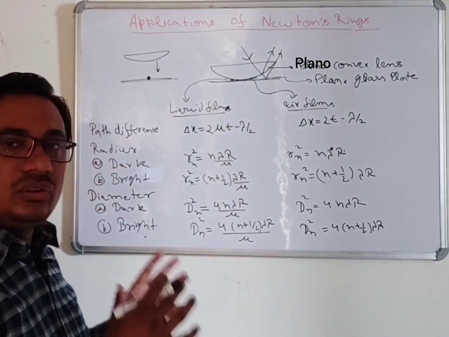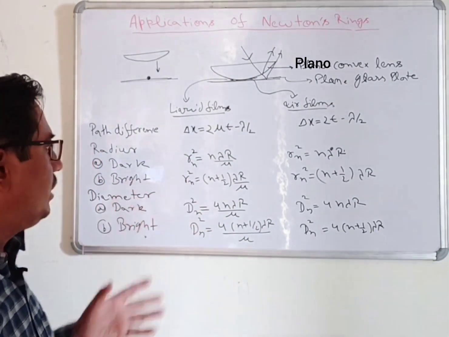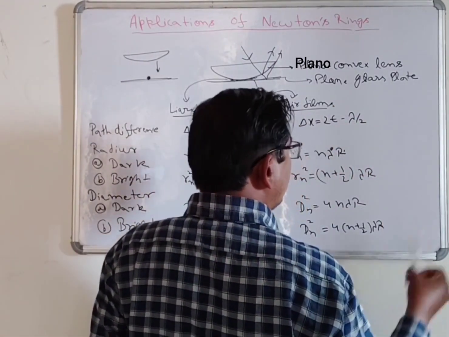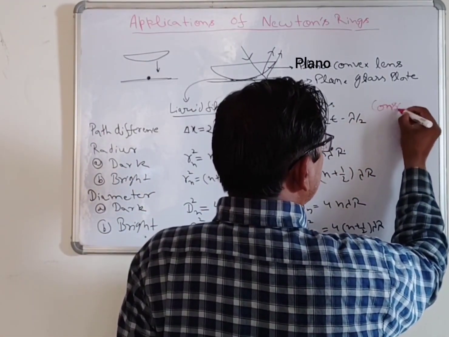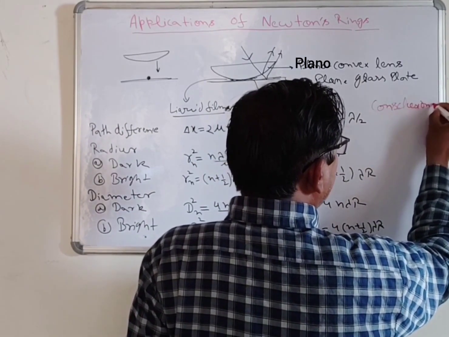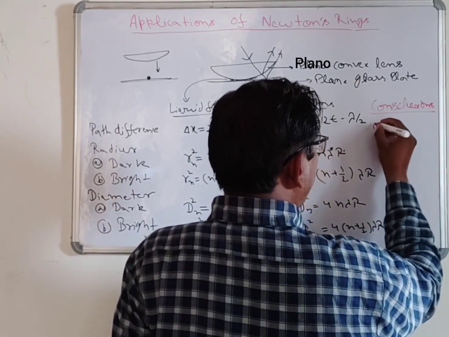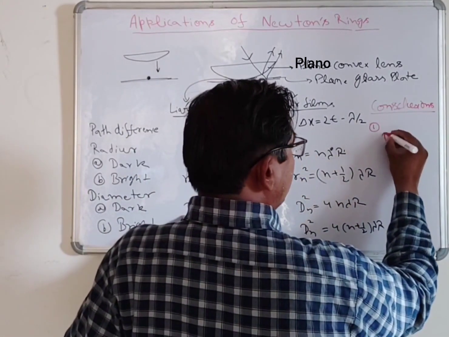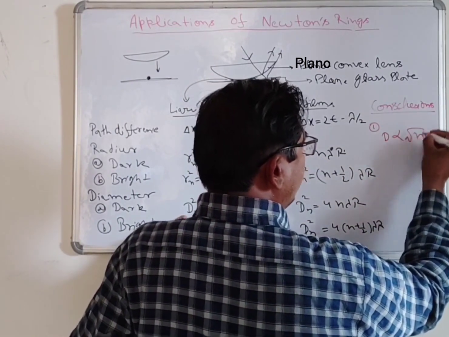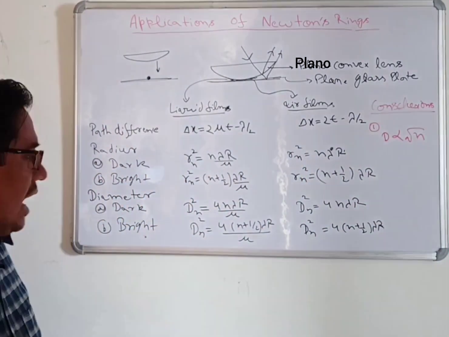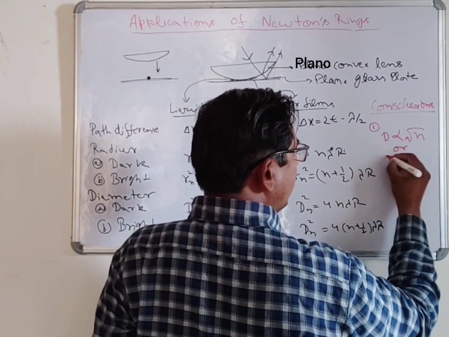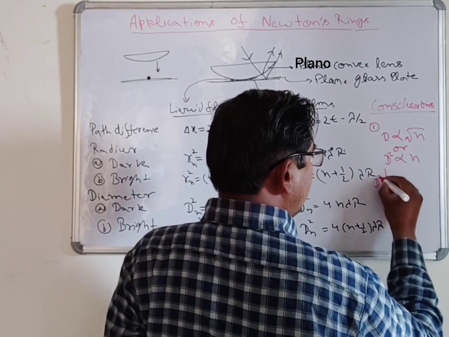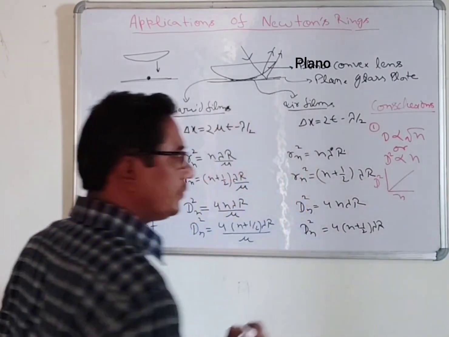What is the conclusion of our result? The first conclusion is that diameter is proportional to the square root of the number of the fringe, or D square is also proportional to n. If you plot D square versus n, you will see a straight line.